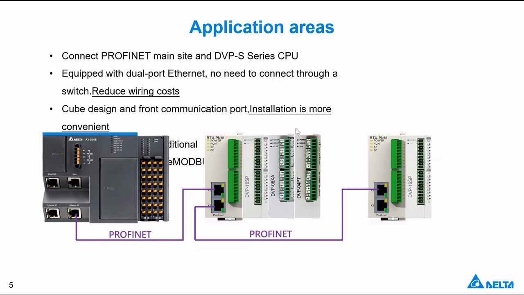And here is the application area. You can see here that in Delta PLC, only the AX5 model has the Profinet master, so we use the AX5 as the Profinet master to connect to our RTU-PN12.